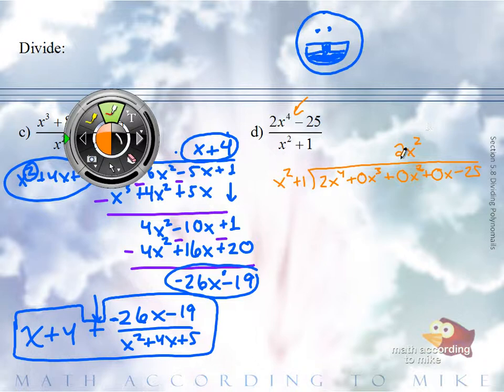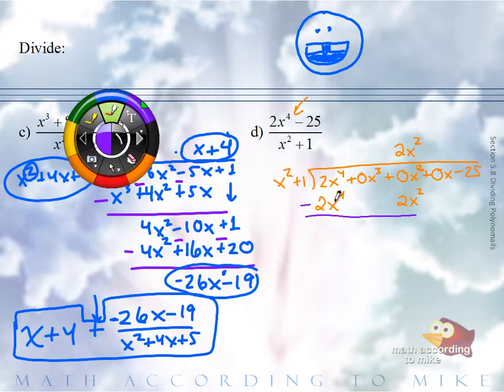So 2x squared times x squared is 2x to the fourth, 2x squared times 1, put that in the x squared column. Notice there's a gap in the divisor, which causes a gap as we progress. Draw the line, change the signs.